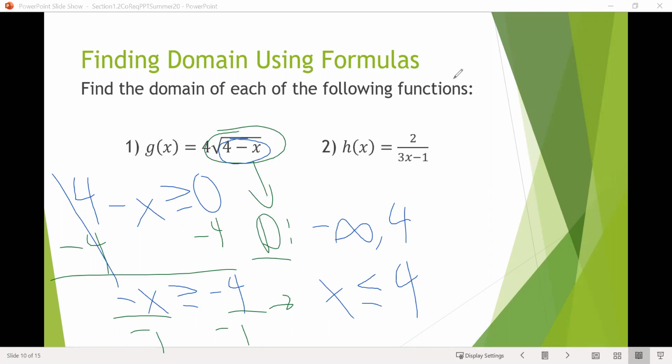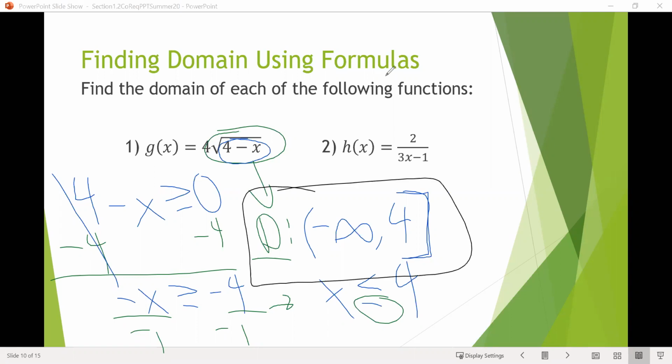For the negative infinity, put a parenthesis, because we always use that with infinities, because it's not actually a value we can reach. We went to 4 because it's less than or equal to, and that means the 4 is included, so we'll put a bracket here. So we have negative infinity, comma, 4, bracket, with a parenthesis on the negative infinity. That's the domain of that first function.